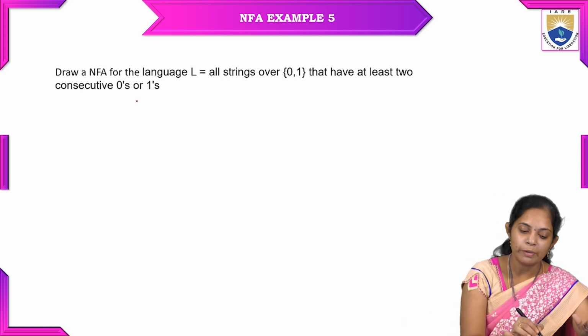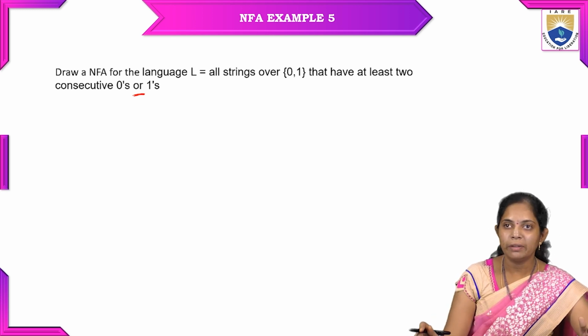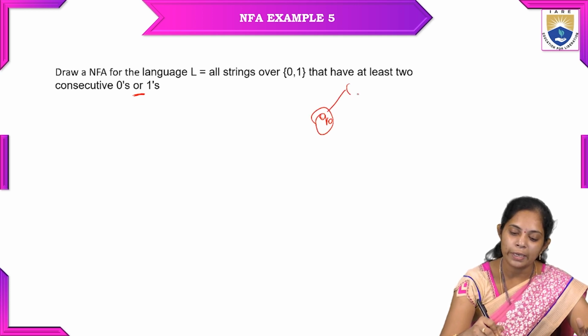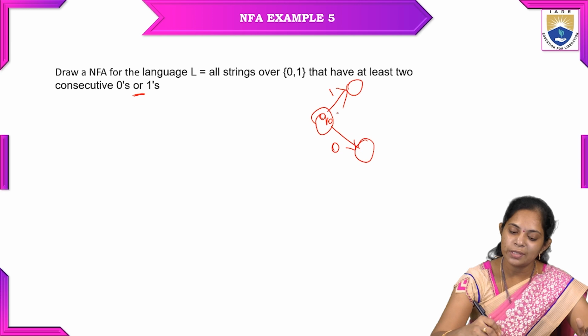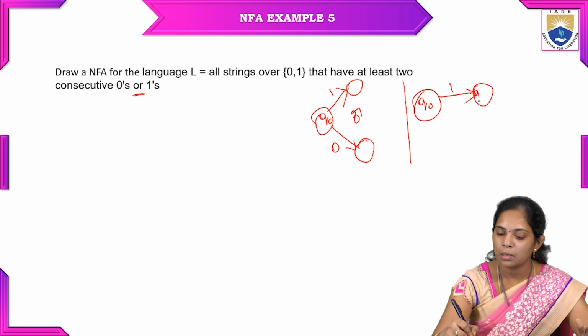This is the word we have to note down: or. For OR, from one state it moves to the next state either with the input symbol 1 or with 0. For simplification I am drawing Q naught going to either one with 1, comma 0.